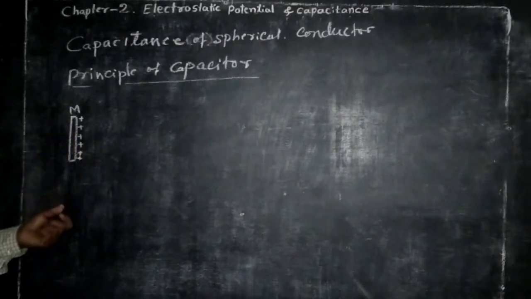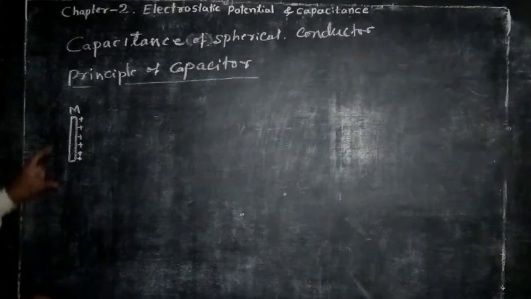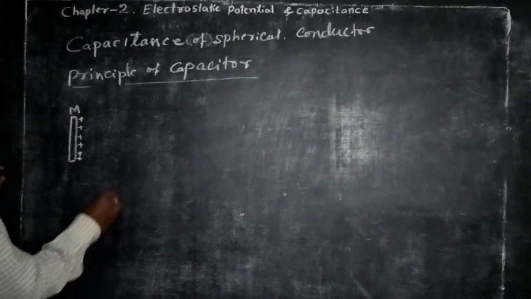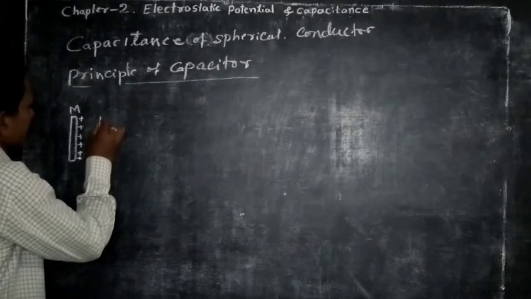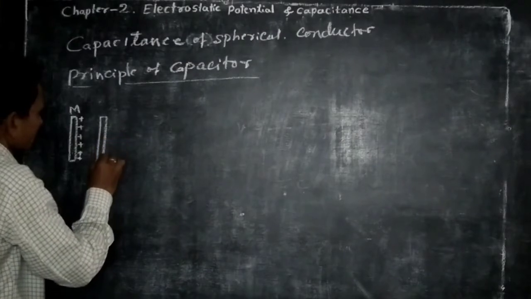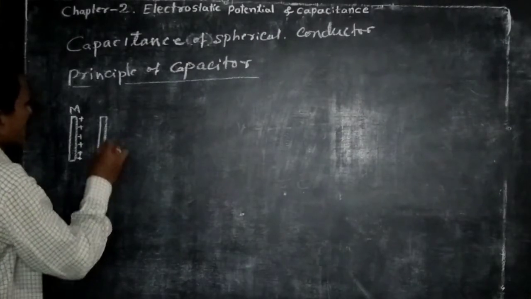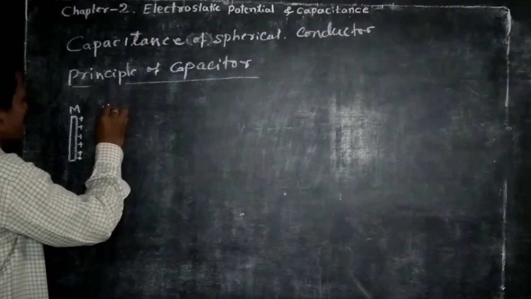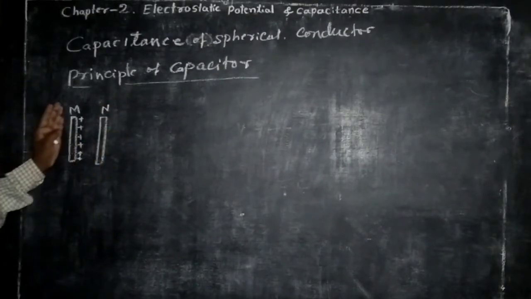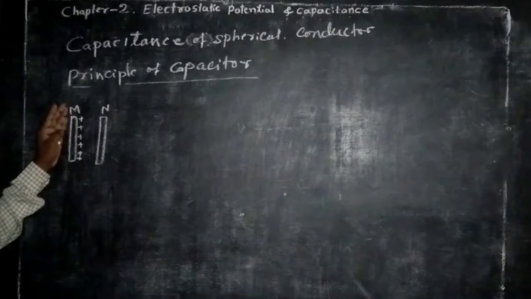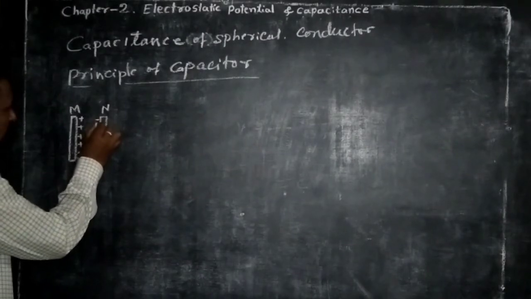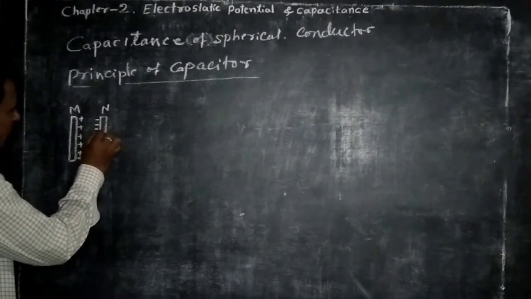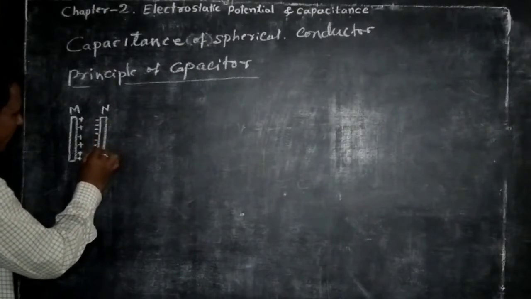And now, if another identical conductor, N, is placed near M, what happens? Due to induction, negative charges are induced on the nearer or inner surface of N.